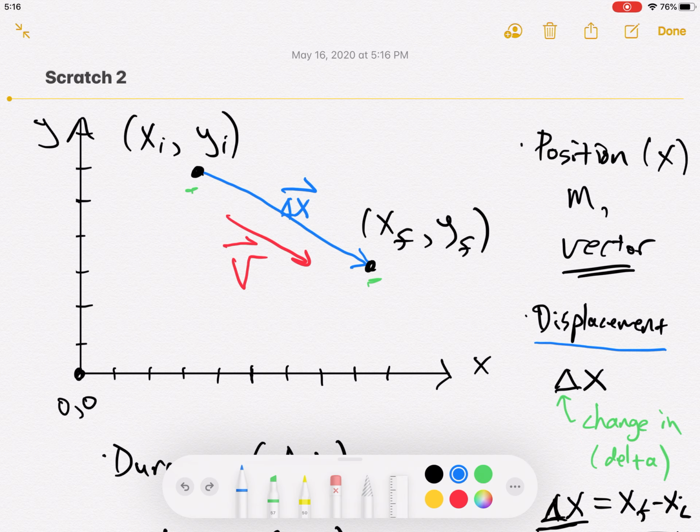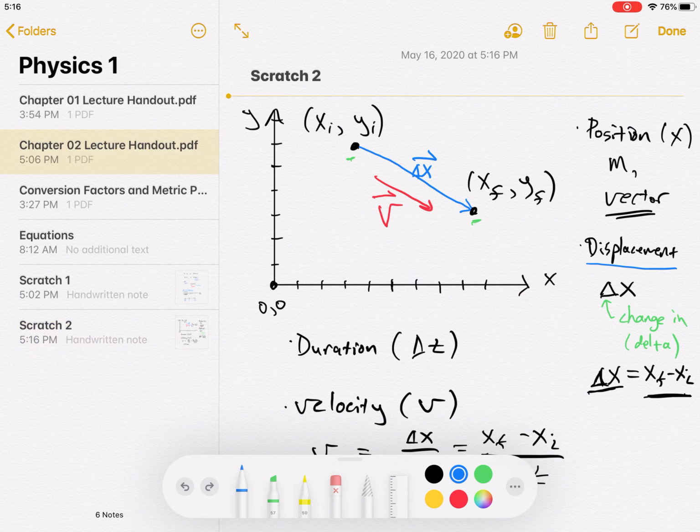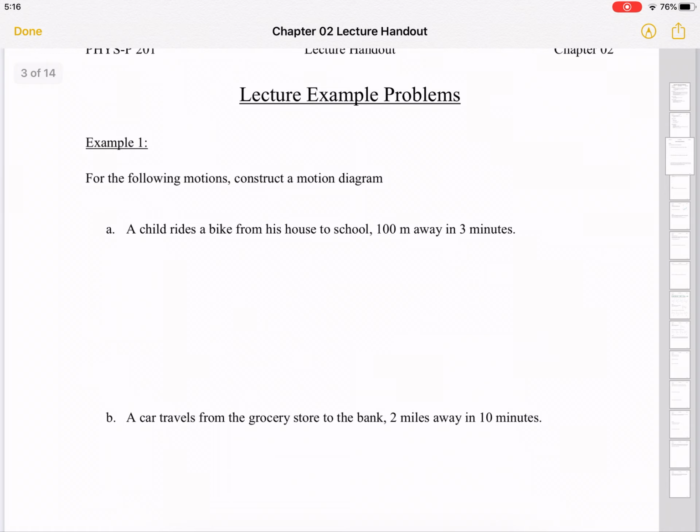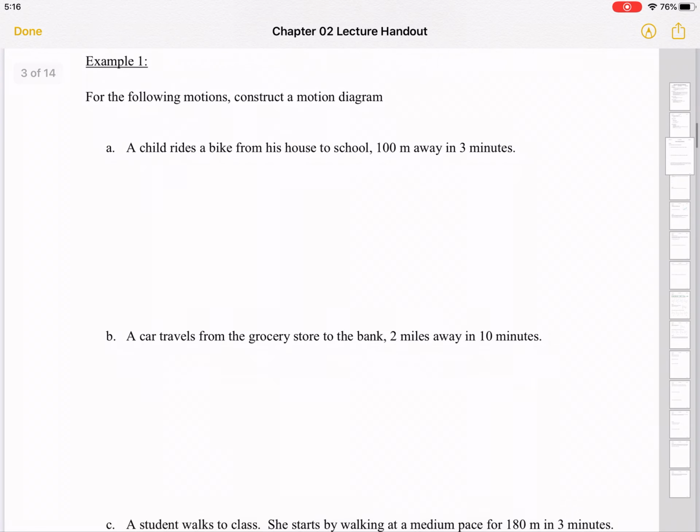Let's do an example. What kind of example? Well, now that we can draw a picture, let's talk about how we could draw a picture to describe not just 2 points of motion, but the motion between 2 points of motion. Let me explain. So the following motions construct a motion diagram.